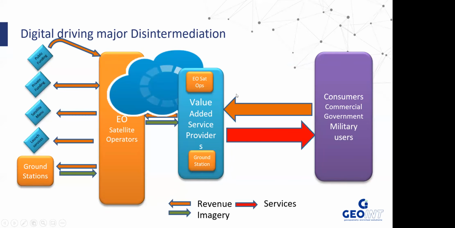And in that same AWS environment, you've got value-added service providers that are able to put in place the analytical workflows that would ingest satellite data, run rapid processing chains on it, and then produce insights in a very rapid form for consumers, for the commercial market, for government, and for military users.